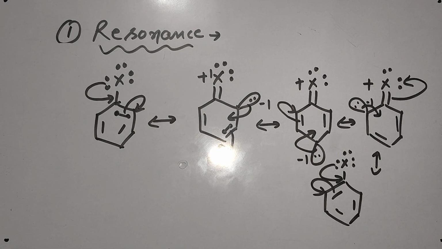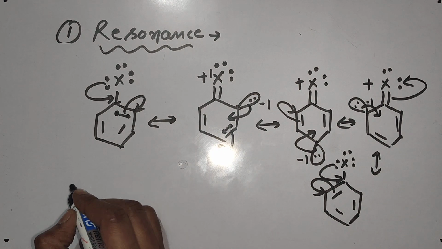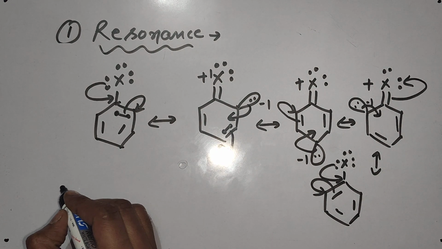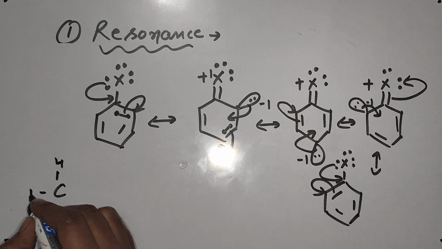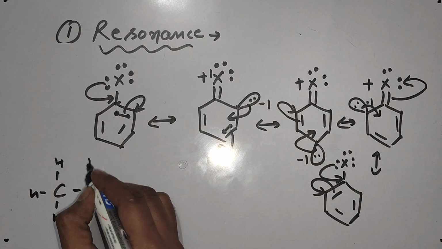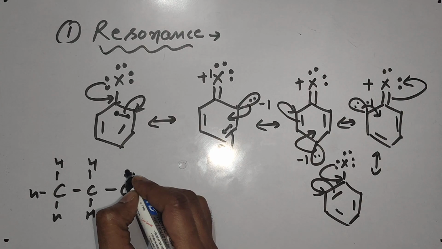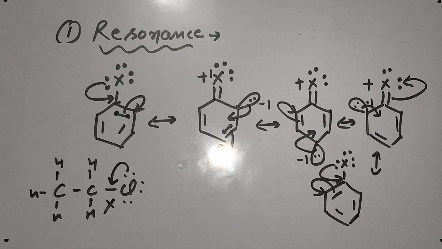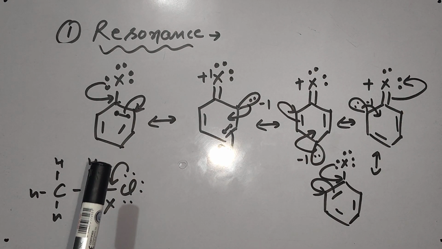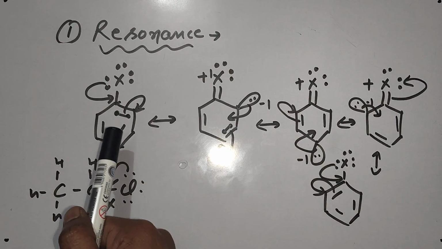So this is resonance. Now such resonance is not possible in haloalkanes. For example, I am using this haloalkane. Such resonance is not possible because for resonance, pi electrons should be there for the movement.